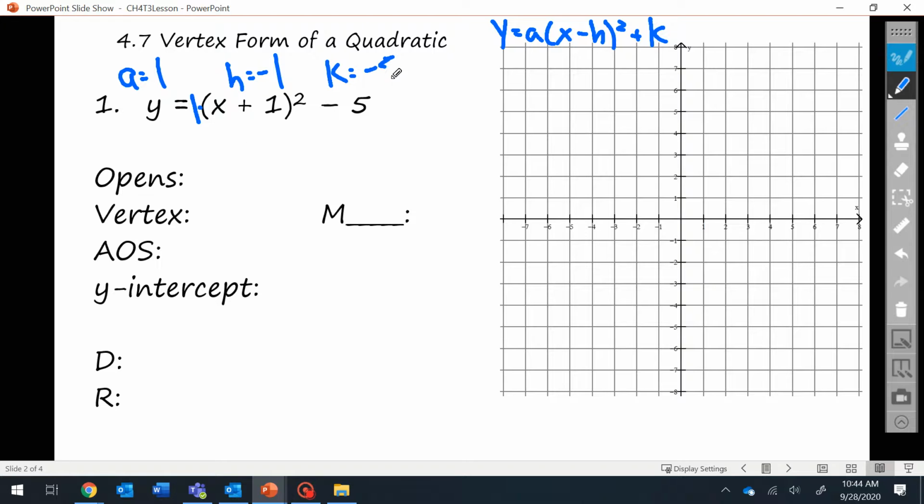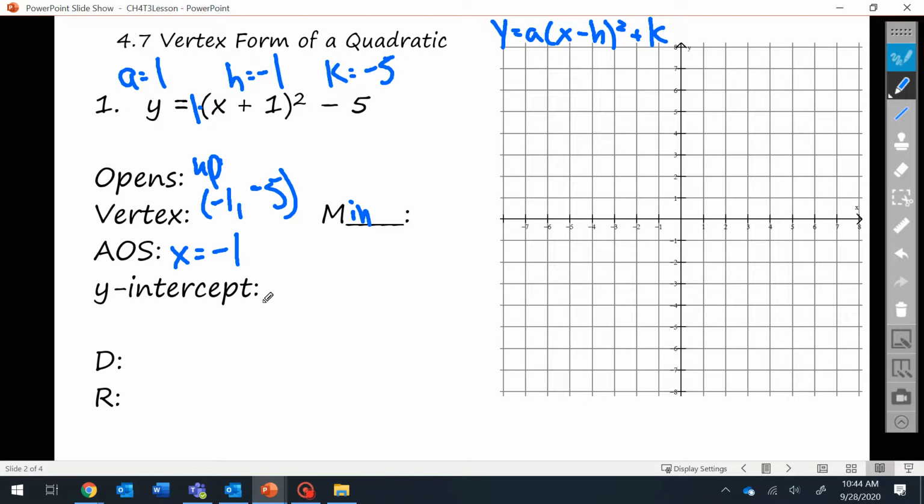The k is negative 5. Since the a is positive, this opens up, which means that we have a minimum. The vertex is h comma k, so negative 1 comma negative 5. Axis of symmetry is just x is equal to h, so x is negative 1.